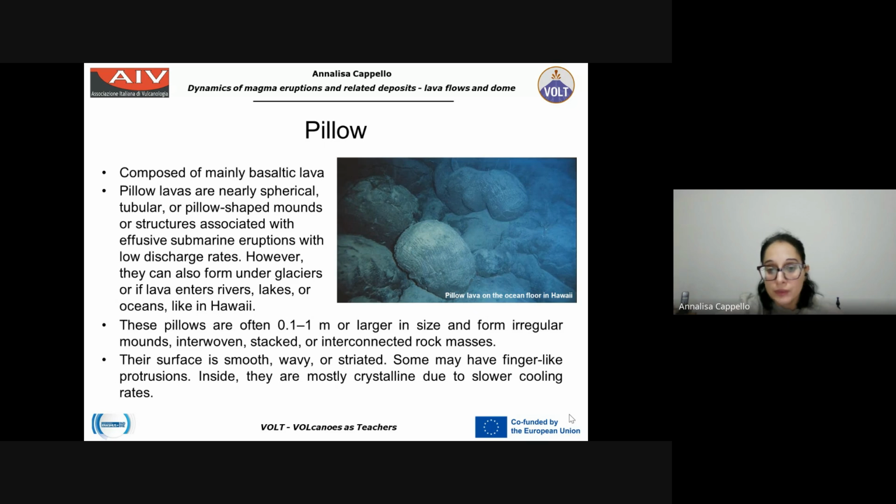The dimension of these pillows goes generally between 10 centimeters and 1 meter, and they form irregular mounds, which are stacked or interconnected rock masses. The surfaces are smooth and striated, as you can see from the photo.